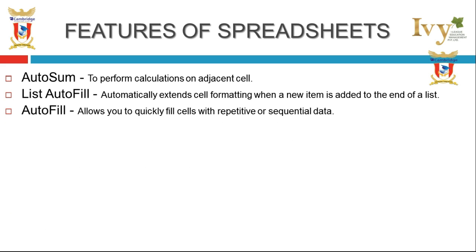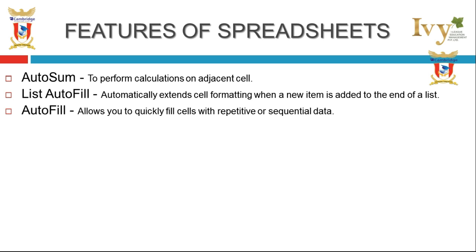Next is the autofill option. It allows you to quickly fill cells with repetitive or sequential data. For example, if I want to type 1, 2, 3, 4, 5, I just need to type 1 and 2, and after selecting 1 and 2, I will drag the mouse pointer and it will automatically fill the data according to the previous values.